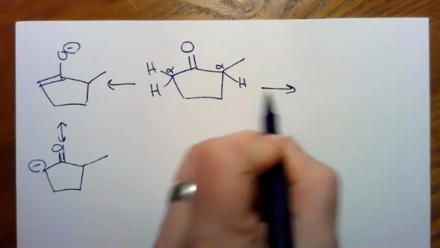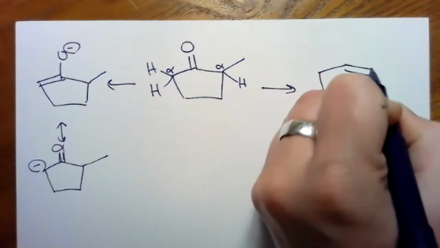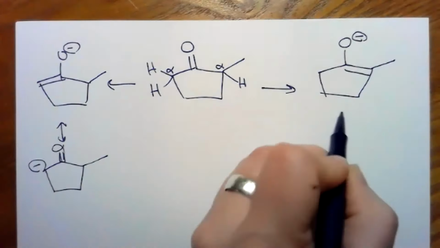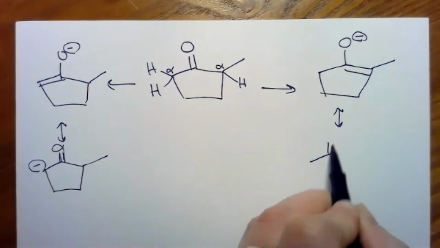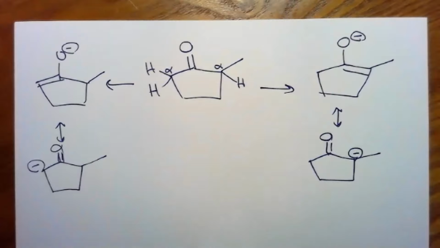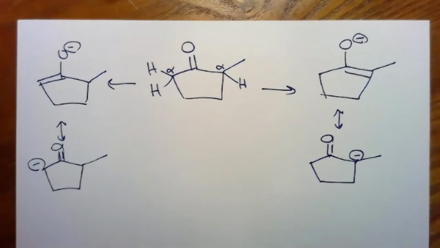If I pluck off this armpit hydrogen, haven't you missed talking about armpits? I can make this enolate. That's the oxyanion version. This is the carbanion version. One of these enolates is considered the kinetic enolate, and one is considered the thermodynamic enolate. Oh, brother, this again? Unfortunately.